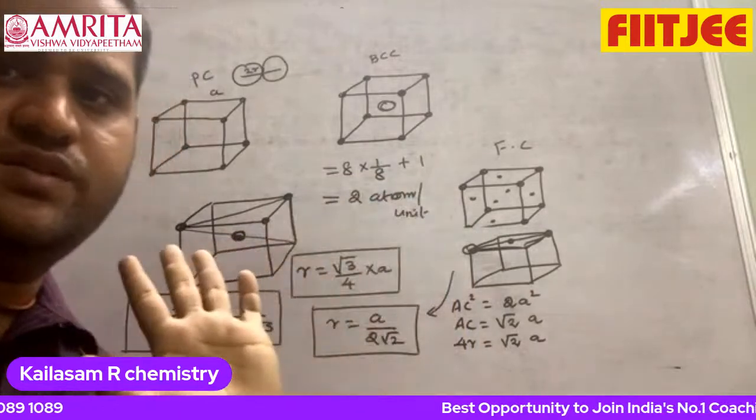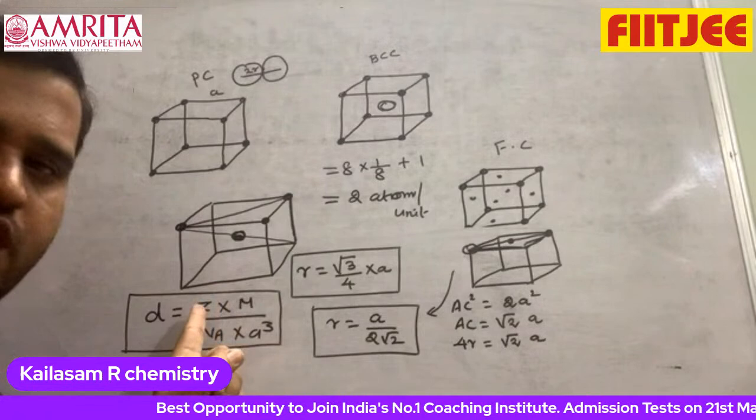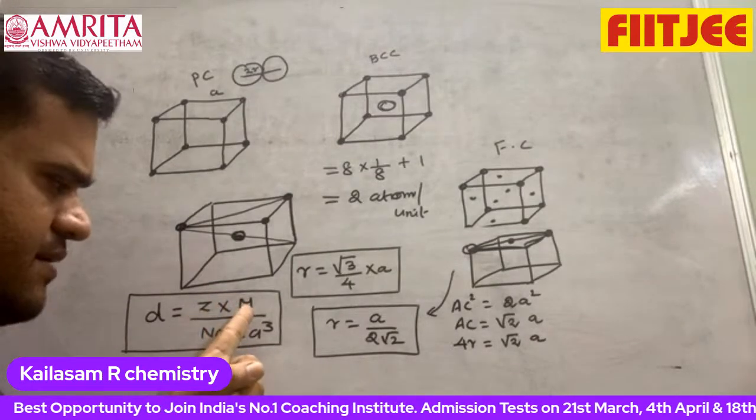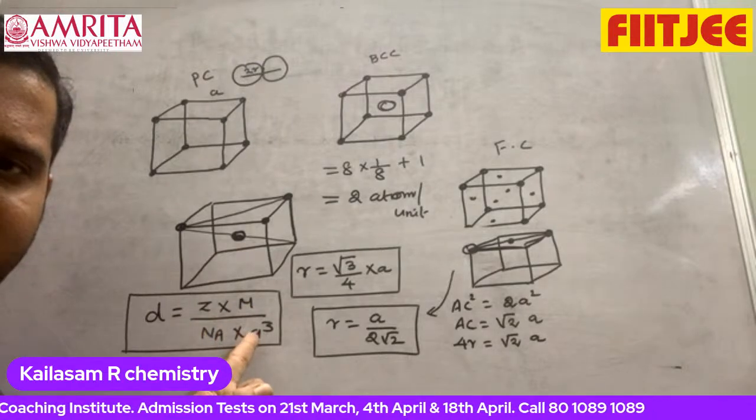That's what the logic is. Now, Z is the number of atoms, M is the atomic weight of the crystalline solid, Na is the Avogadro number, and A cube is the edge length.